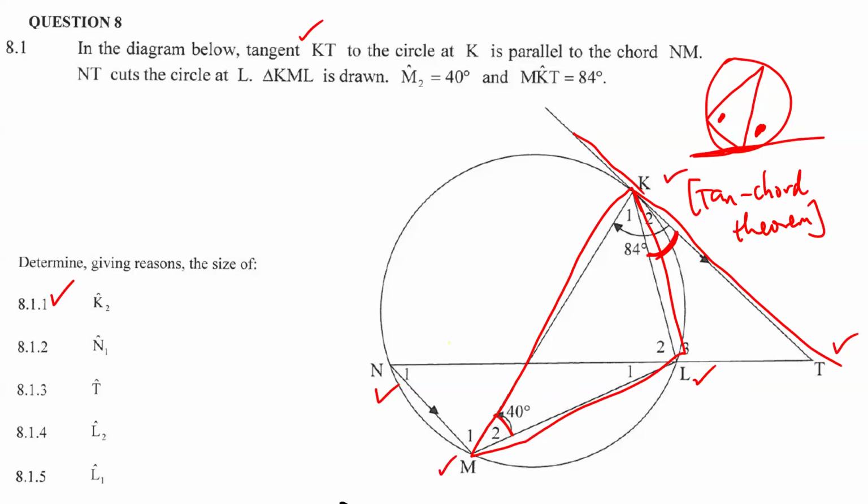In other words, we're able to see, therefore, that the angle K2 is equal to M2. Angle K2 is M2 and it's equal to 40 degrees, which is the tan chord theorem.